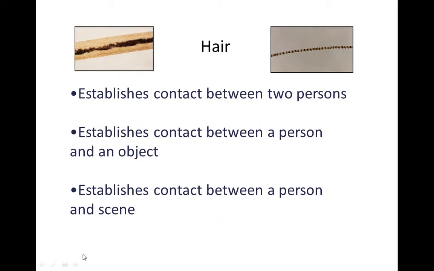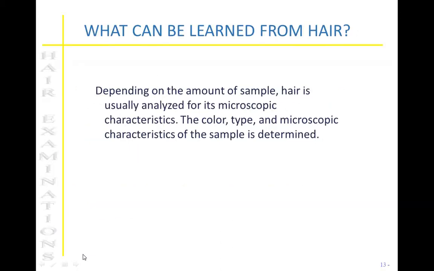In forensic examinations, hair will help to establish contact between two persons, between a person and an object, or between a person and a scene. Depending on the amount of the sample, the hair is going to be analyzed for its various microscopic characteristics.